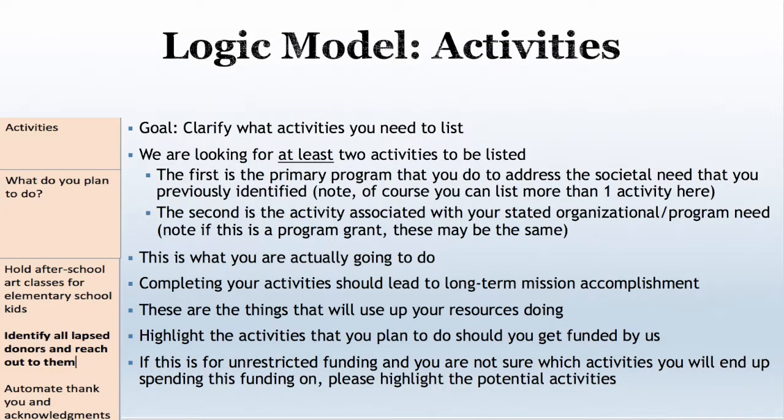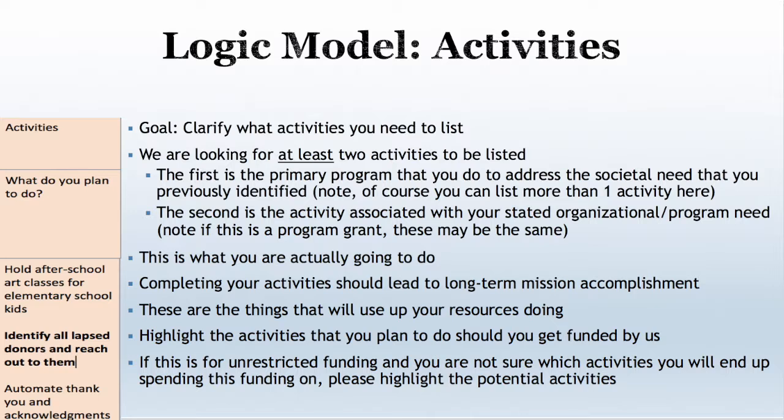Next, we are on to your activities, which is what you plan to do. If this is any other grant besides a program grant, you will need to list 2 activities, one related to your societal need or problem that you are addressing, and one directly related to your specific funding request.